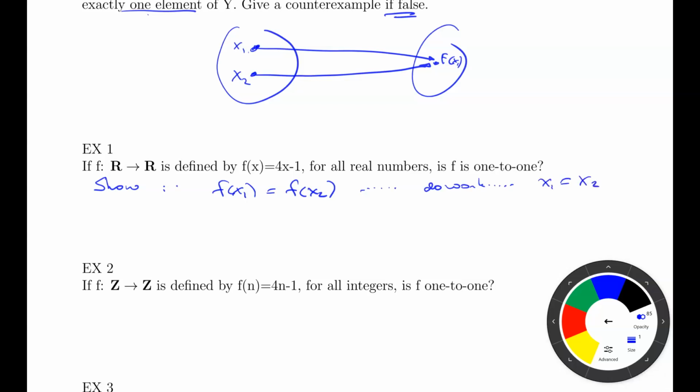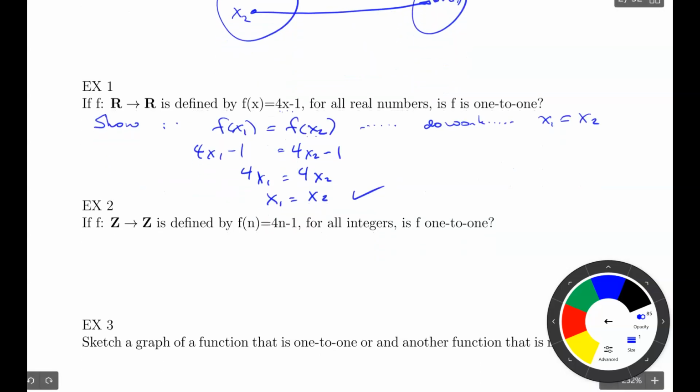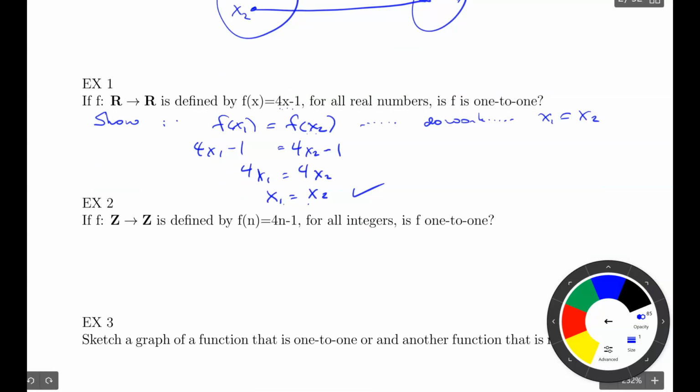So let's put x1 into the function: 4x1 minus 1. Let's put x2 into the function. And now let's just do algebra. Add 1 to both sides, divide by 4, check. So I do end up getting it's one-to-one, because when I start with the same y value, I end up with the same x value.